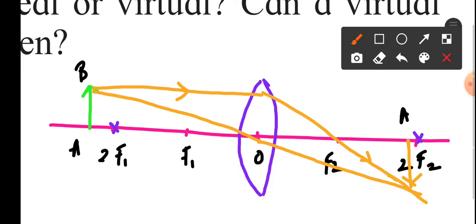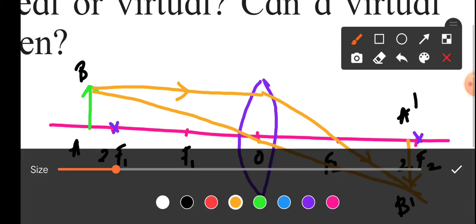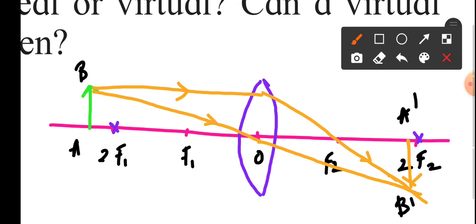And one thing I have missed over here, the arrowhead I have to give over here. Arrow marks are very important in the ray diagram. If you are not drawing them, you will lose marks.